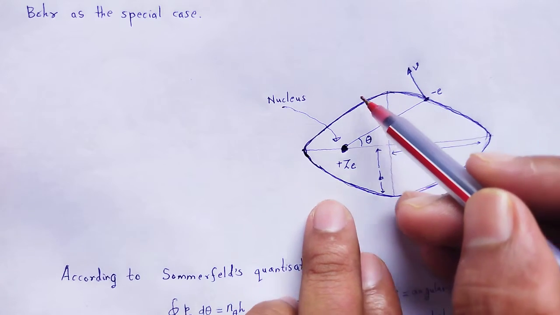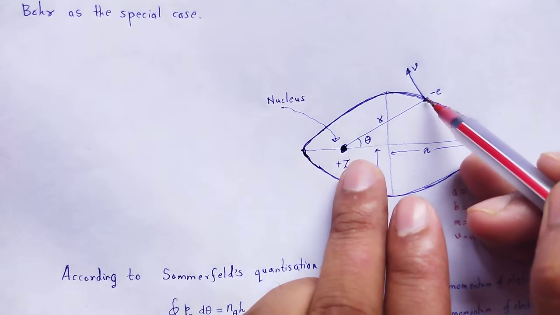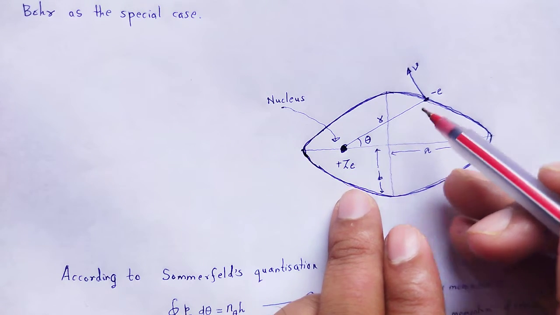When the electron revolves around the nucleus, the distance as well as the angle changes.